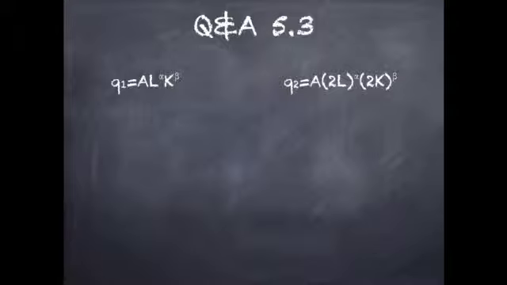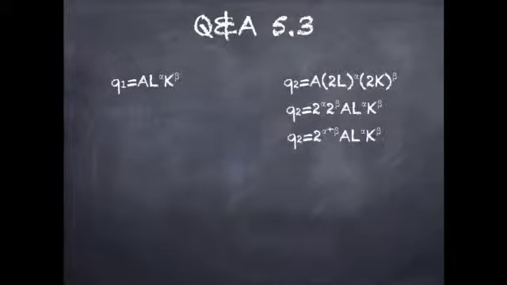Using some mathematics, we can factor out the 2 to the front. So we have 2 to the alpha times 2 to the beta times AL to the alpha times K to the beta. We can simplify that even further to get 2 to the alpha plus beta power multiplied by AL to the alpha and K to the beta.